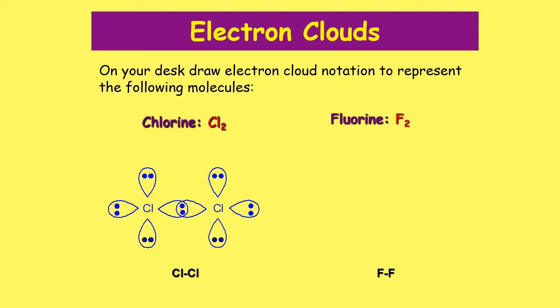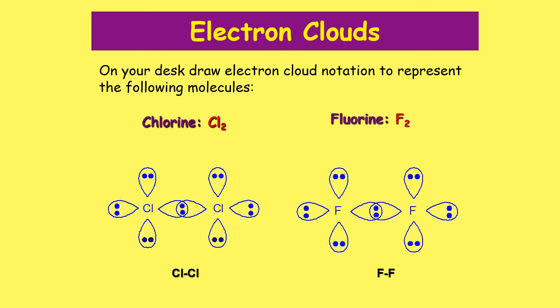There'd be 1 lobe that's not paired, and so what you do is you overlap those 2 lobes, 1 from each chlorine, to create a molecule that looks like that. And fluorine does exactly the same thing. It has 7 electrons in its outer shell, leaves 1 lobe from each fluorine with an unpaired electron, overlap those 2 lobes, and you end up with 1 bond forming.